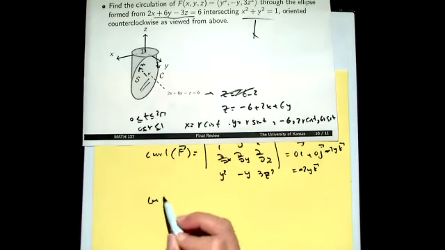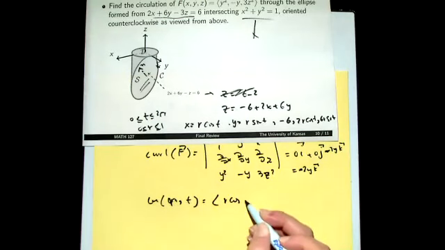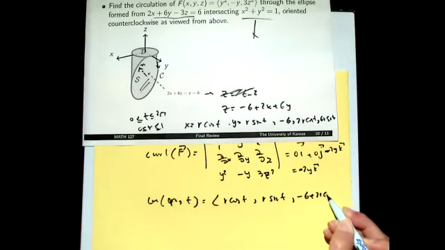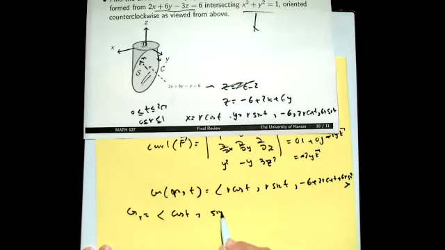So now G of r and t is going to be r cosine t, r sine t, minus 6 plus 2r cosine t plus 6r sine t. G sub r is going to be equal to cosine t, sine t, 2 cosine t plus 6 sine t.